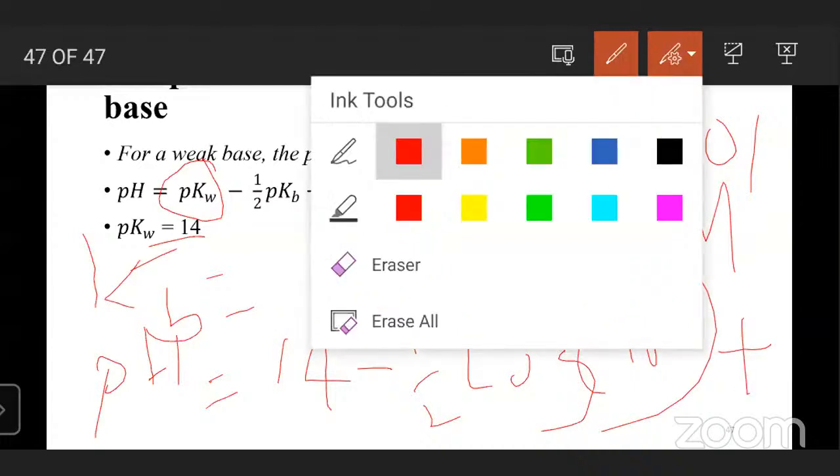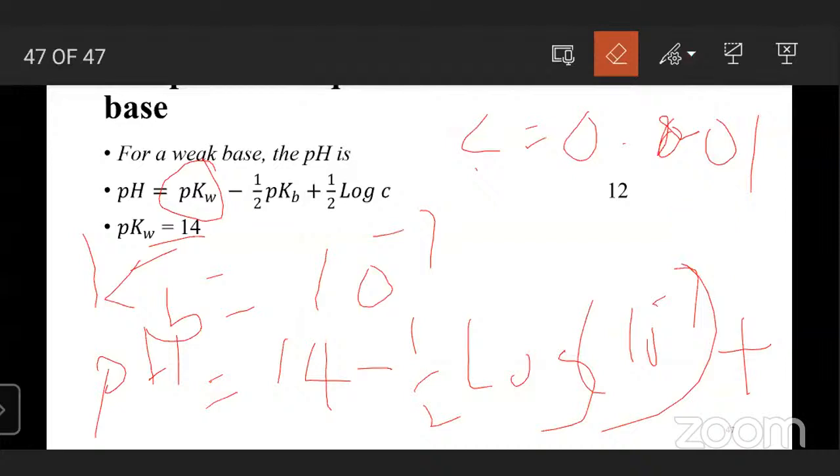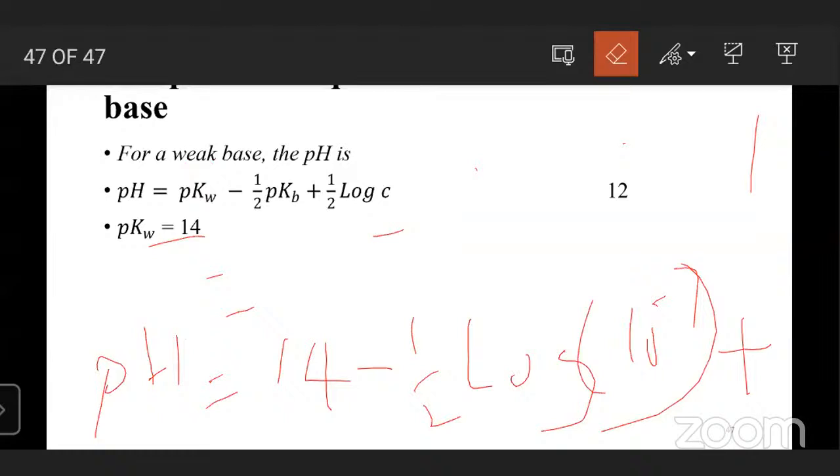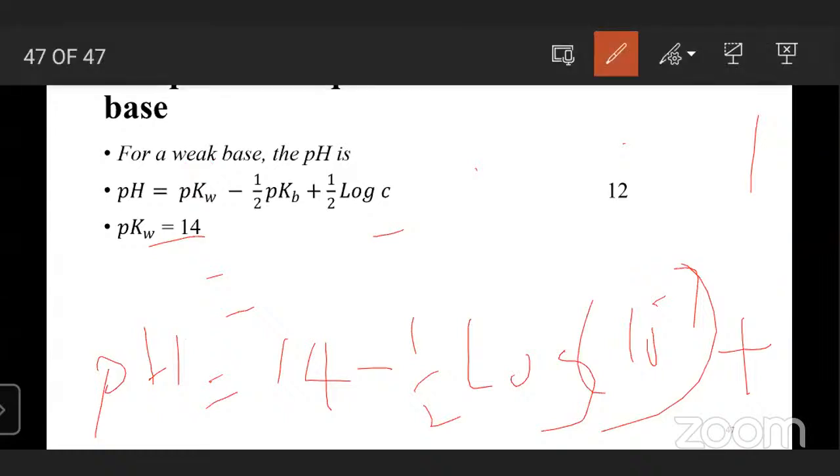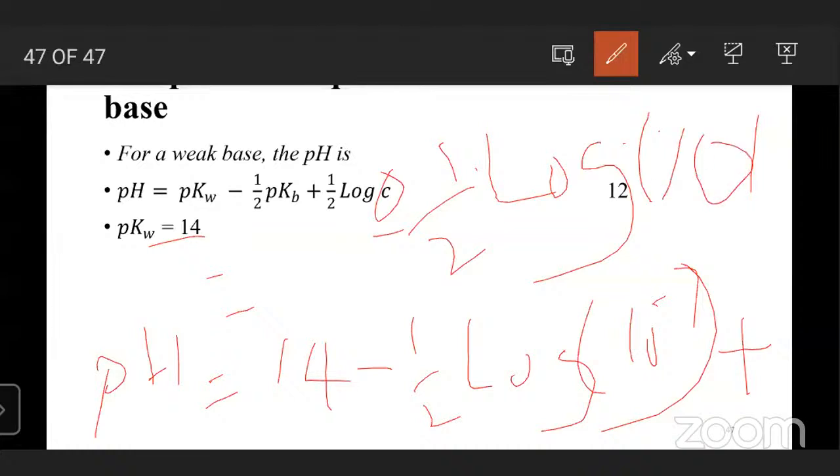Plus, okay, let's rub off part of this. Okay, plus half into log of the concentration, this C, and that is 0.001 molar. That is the same thing as saying 10 raised to power minus 3.